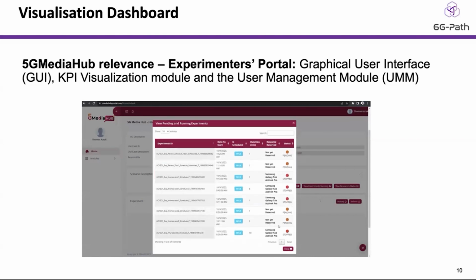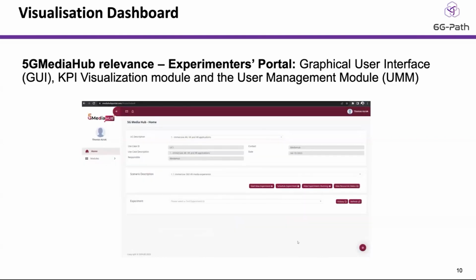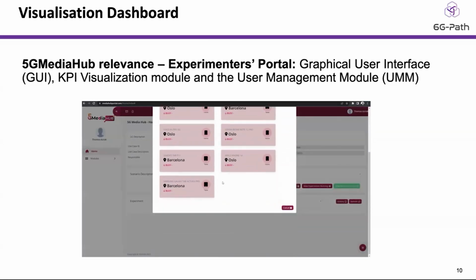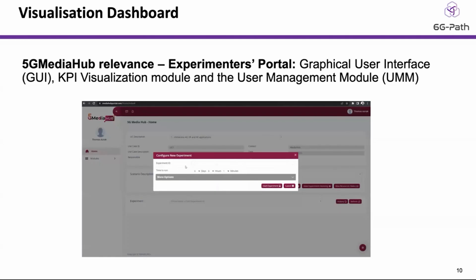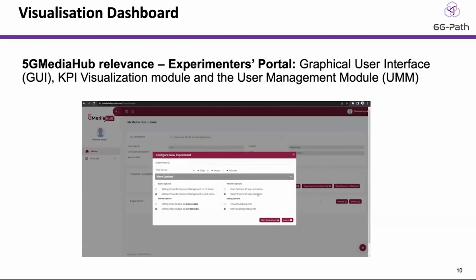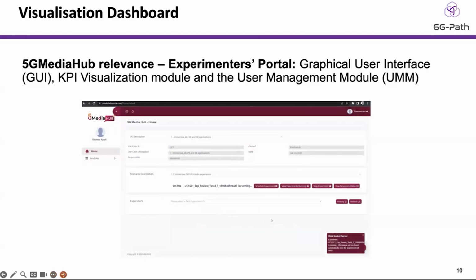Then the view pending and running experiments option shows the list with the experiments along with their details. Then the view resources status option lists the resources and whether they are busy or available. The Start New Experiment option again provides the option of inputting the experiment ID along with some more options, and pressing the Start Experiment option gives the time to run.